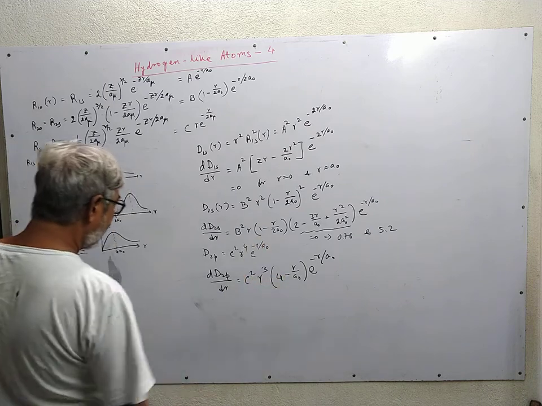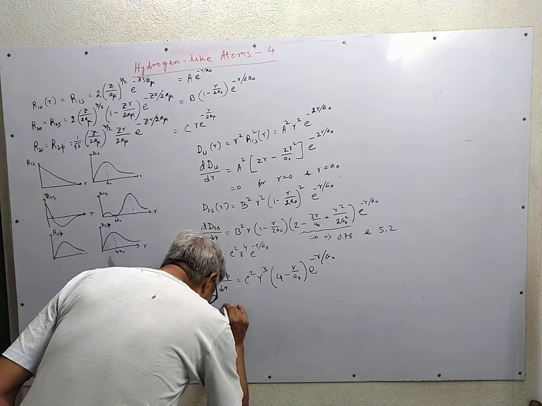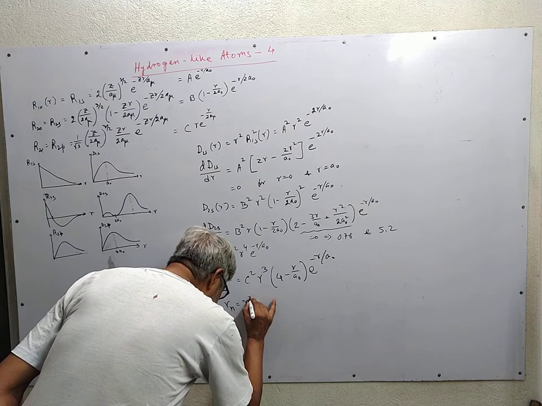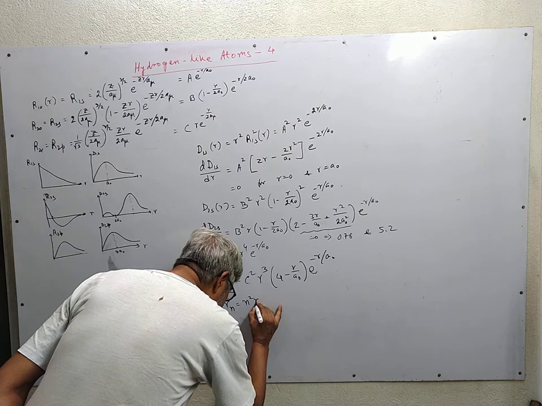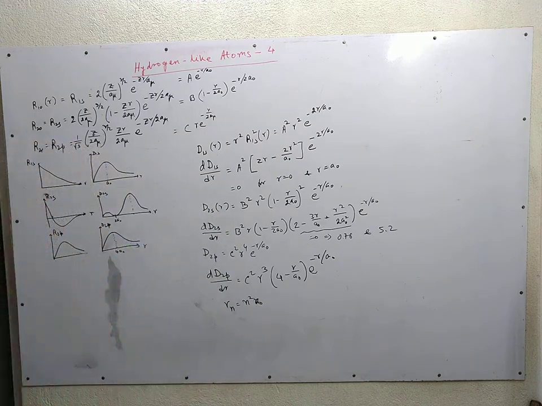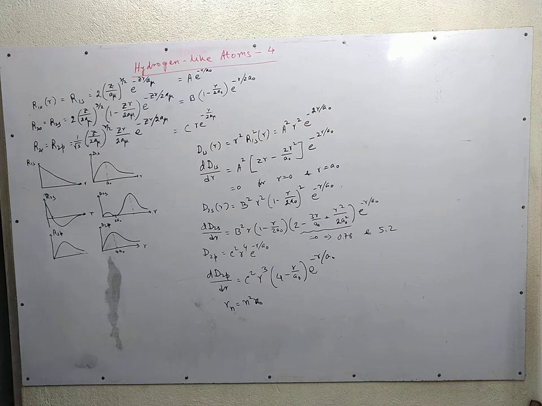This is in accordance with Bohr's theory, because in Bohr's theory r_n is equal to n squared a0, the Bohr radius. So for the 2p state, n is equal to 2, and the maximum probability is at 4a0.